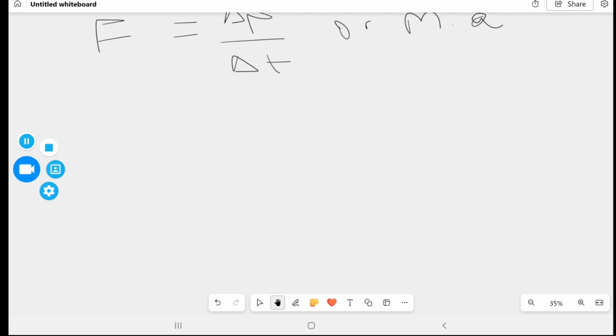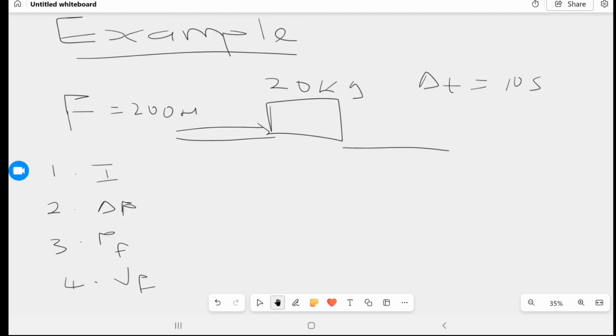So now let's just do an example. In this example, we have a 20 kilogram block, and a force applied on this block which is 200 newtons. This force is applied for 10 seconds.